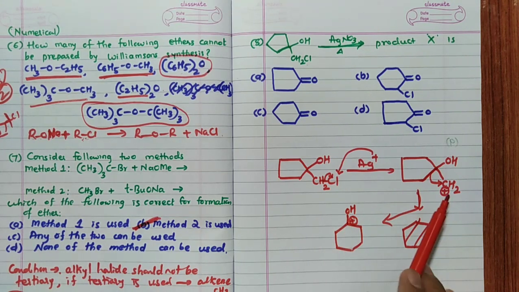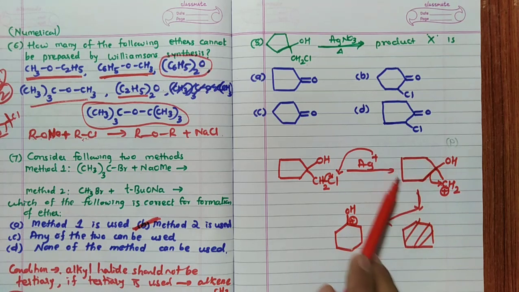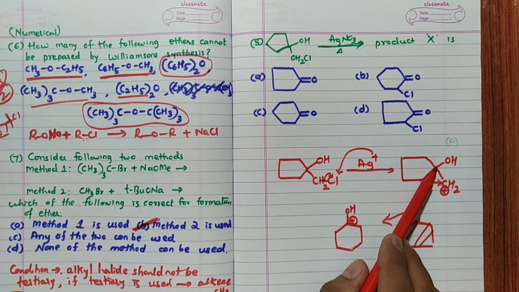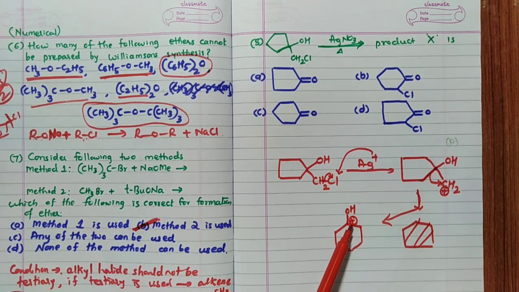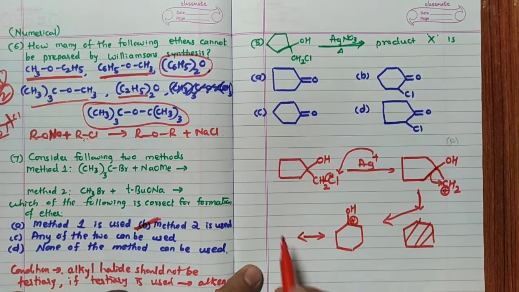Correctly you have to understand, when this carbon bond shifts to this carbon, ring expansion takes place, and this plus charge shifts to this OH containing carbon. So this carbon becomes plus charged in this particular case. So the ring is going to form double bond O. Now here what happens, I will show you.